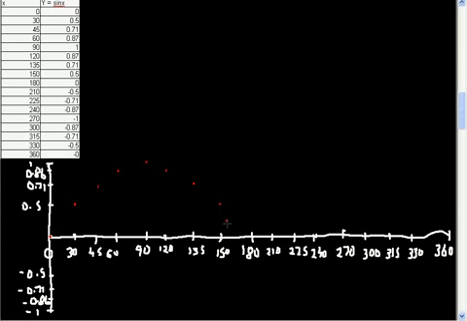At 150 the same as 30. At 180 it's 0. So let's plot whatever we have here. Let me choose a different color now. Okay, I can see the sinusoidal shape appearing.